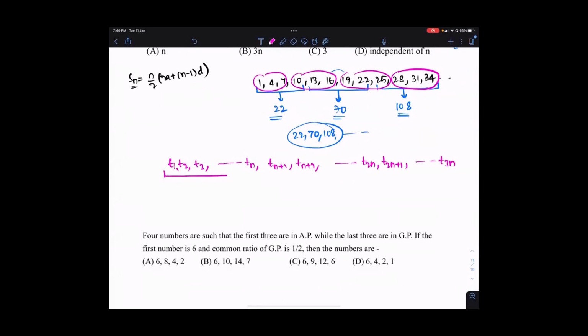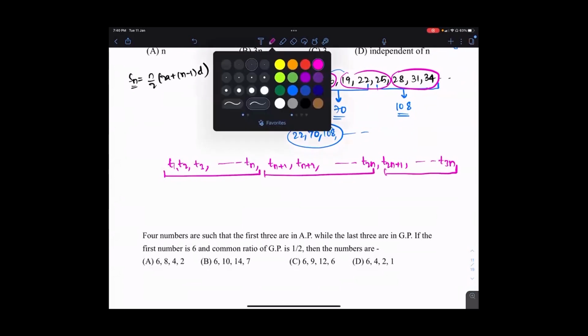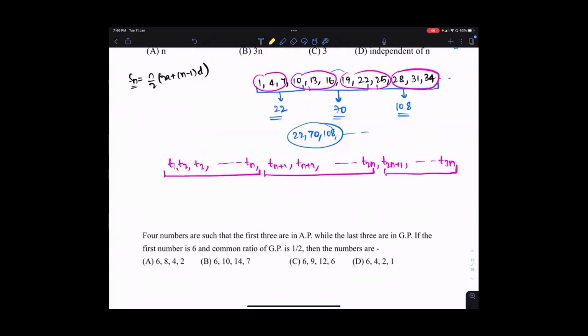If you add each group of n terms, you will get an AP. So they will be of the form A minus D, A, A plus D.